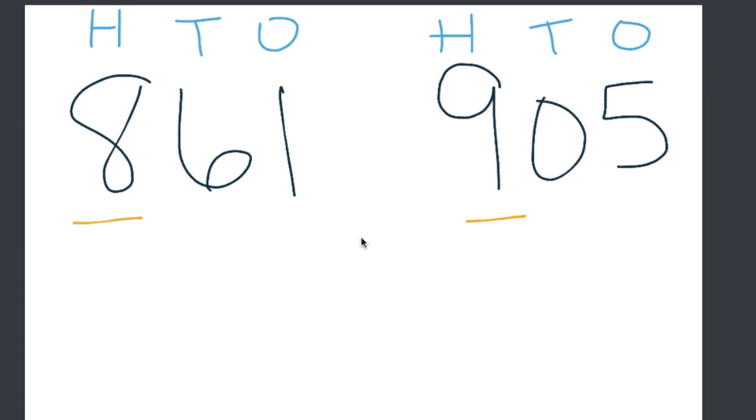So if it's bigger, what way would I write my alligator? Greater than or less than? Because we know it's not equal to. So would it be greater than or less than? It is less than. Good job for those of us who chose less than. The alligator wants to eat the bigger number, and the bigger number is 905.